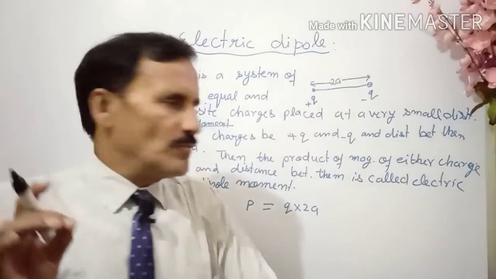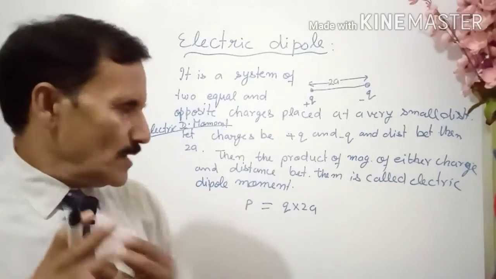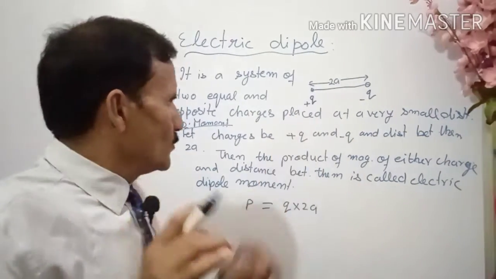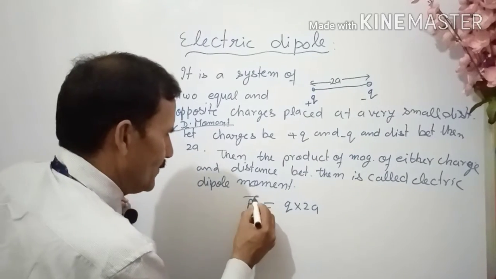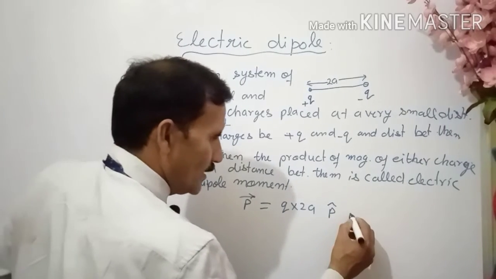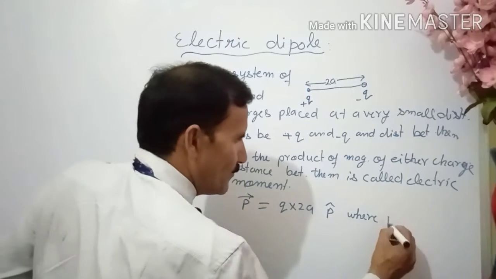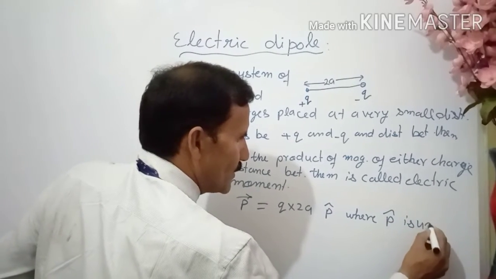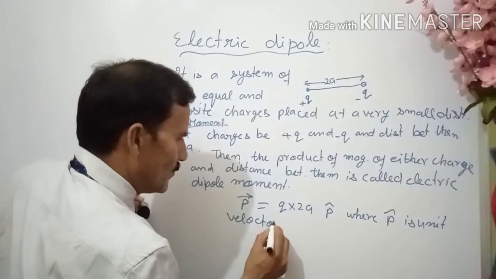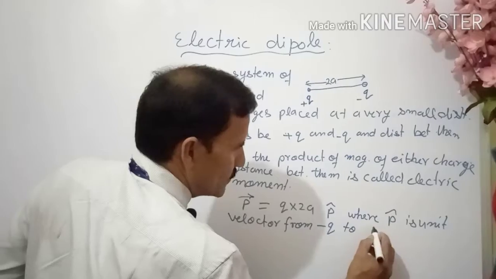Now suppose you are required to find whether it is a vector quantity or a scalar quantity. So remember that it is a vector, and it is directed from the negative charge. So this can be written like this, putting here a unit vector, where both have the same direction, where P cap is the unit vector from, always remember, from minus q to plus q.